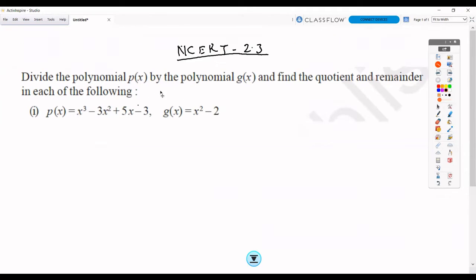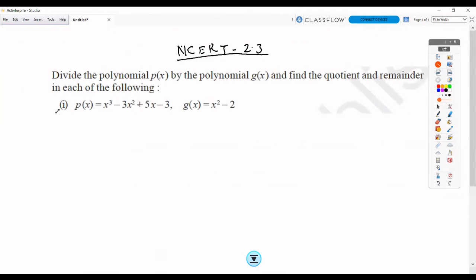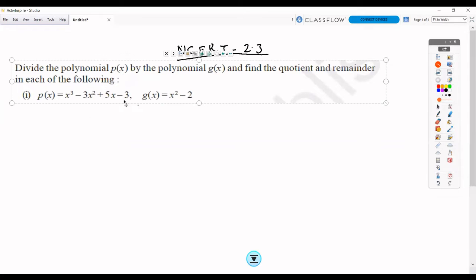This is the first question. The heading is: divide the polynomial p(x) by the polynomial g(x), as I have already discussed. The p means the name of the polynomial, x means the variable containing the polynomial. In the same way, another polynomial name is g and x is the variable containing g.